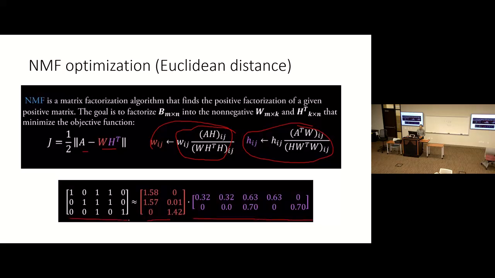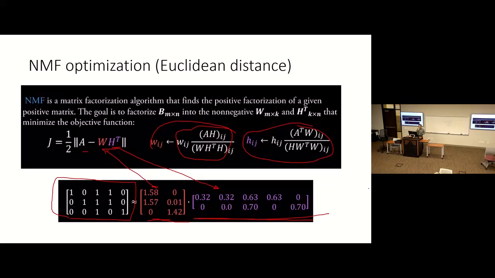So, for example, this matrix is decomposed using non-negative matrix factorization to become this times this. Okay, so this red one is matrix W, and this purple one is matrix H. I think it is H transpose.